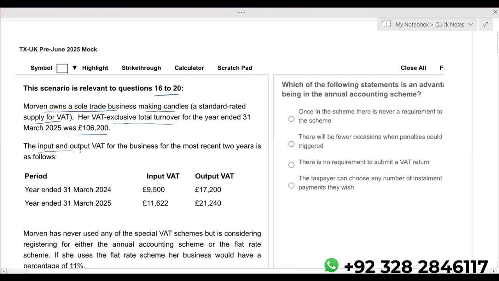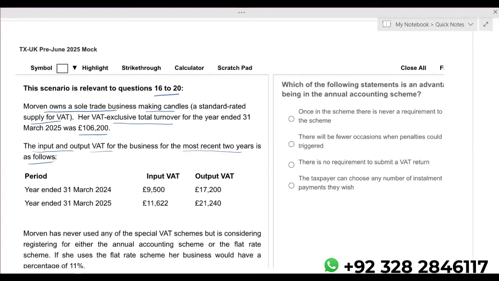The input and output VAT for the business for the most recent 2 years is as follows. Input VAT we reclaim from HMRC, output VAT we collect from the customer and pay to HMRC. Logically, if your output VAT is more than input, the difference is VAT payable to HMRC.